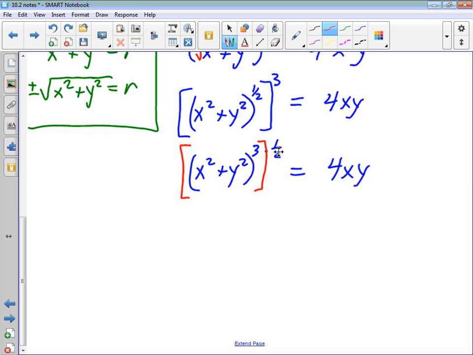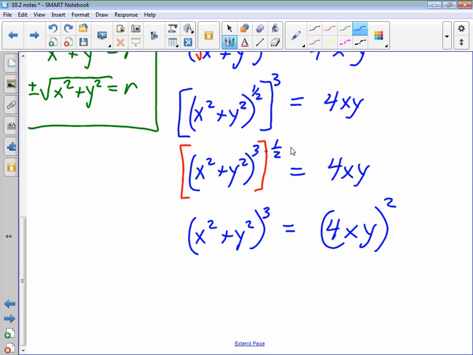So now I really don't like this. So to get rid of this, I'm going to square both sides, which would give me x squared plus y squared cubed equals 4xy squared. Notice I squared both sides, and that got rid of the 1/2. Okay? So we're looking good.